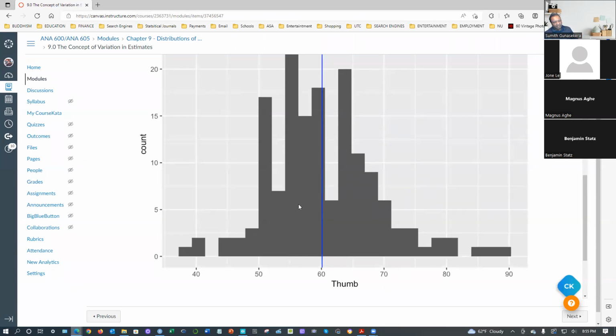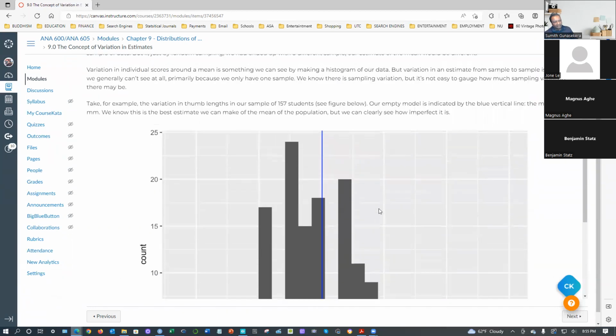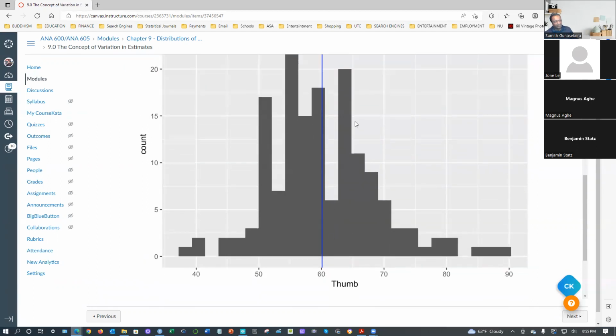Look at it. You get the thumb lengths, you go to the center, and you have a nice graphical representation. Those are called exploratory data analytics. Exploratory means you just utilize graphics to explain the summary of the data. The other one is descriptive data analytics.